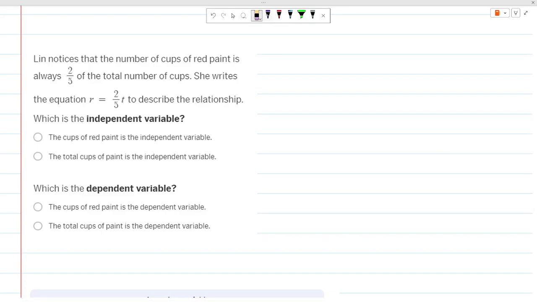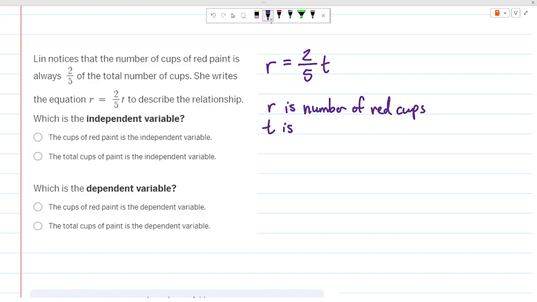So let's write this down actually. R equals 2/5 T. R is red cups, or really R is the number of red cups. T is the total number of cups.